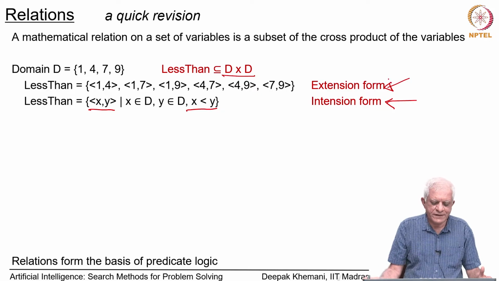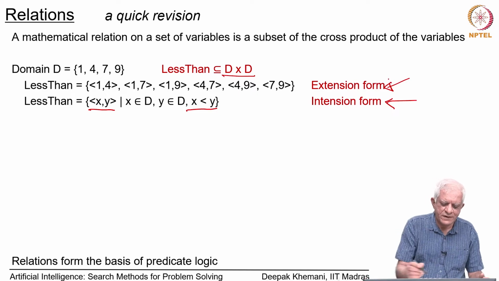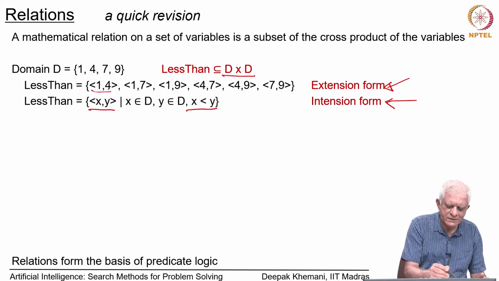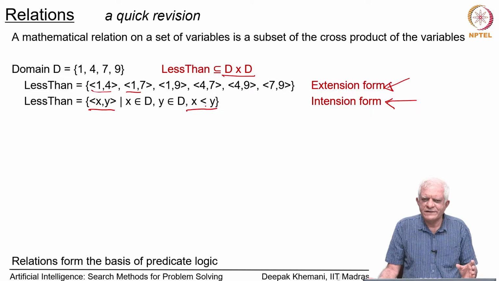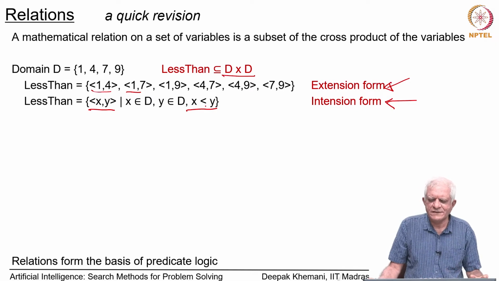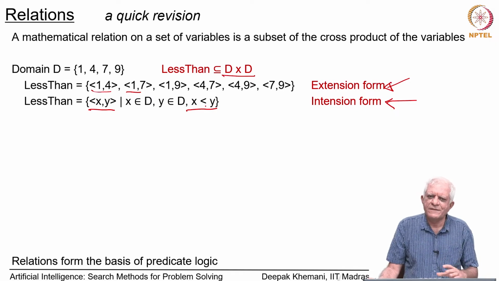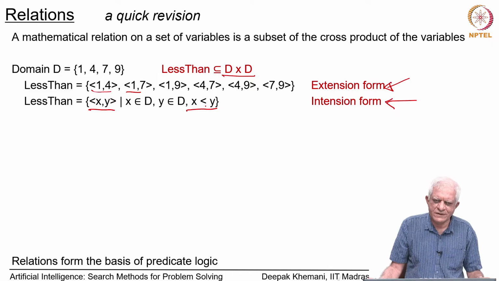Now, in this week, we will confine ourselves to relations which are expressed in extension form. So, which means they are explicit, that we state explicitly what are the pairs of numbers which belong to this relation. So, for example, 1 4 belongs to the relation, 1 7 belongs to the relation, and so on. We list out the whole thing explicitly, and the reason we are going to focus on this is that the algorithms that we will see are much easier to explain using the extension form of relation representation.